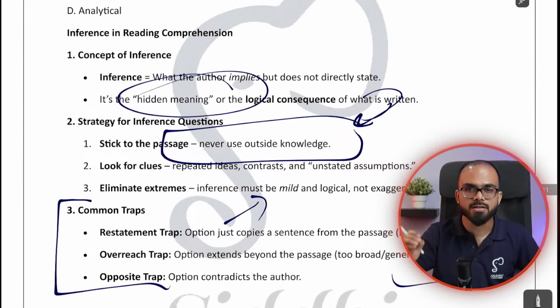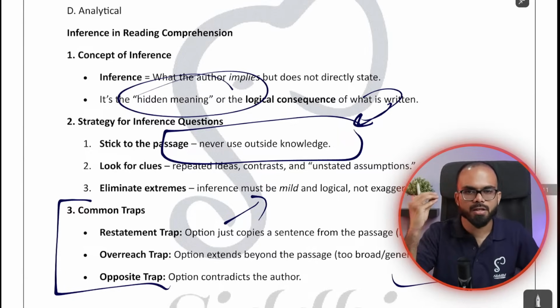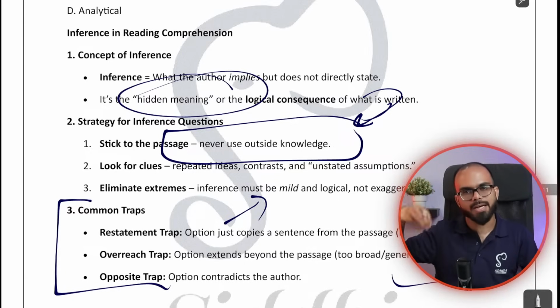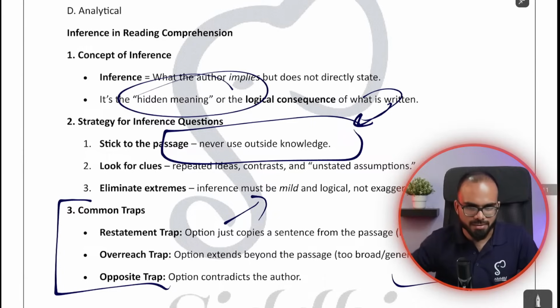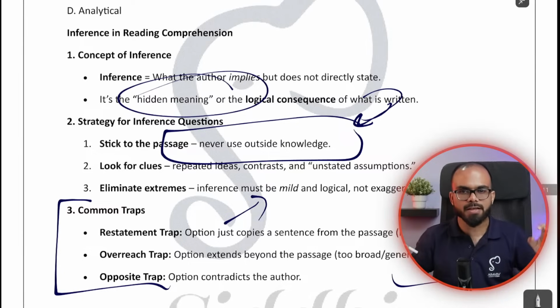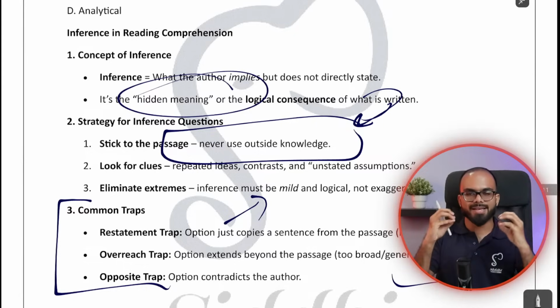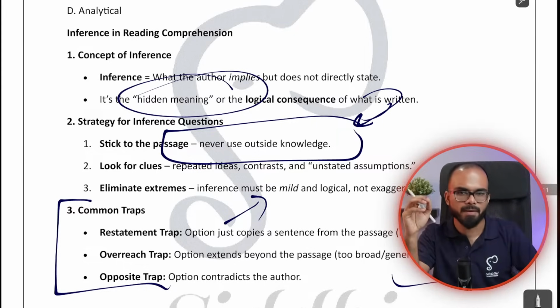So, in inferences, please make sure you keep your awareness of the topic aside, and check for wide and broad concepts. If the answer choice is extremely broad and wide, that is wrong, and if it is extremely narrow, it is wrong. And there are some answer choices where the author's opinion will be contradicted.